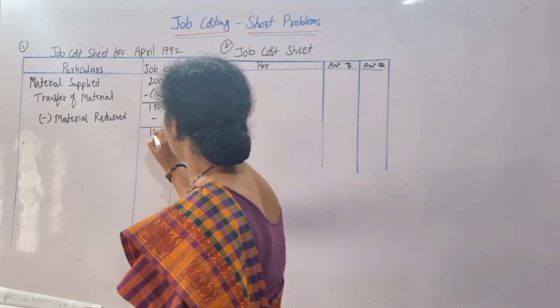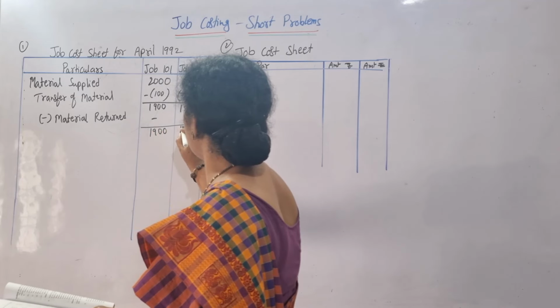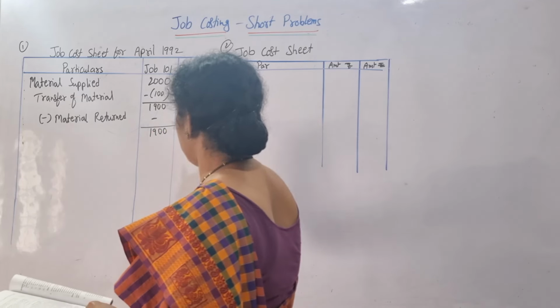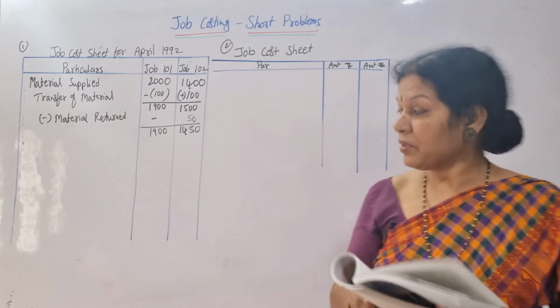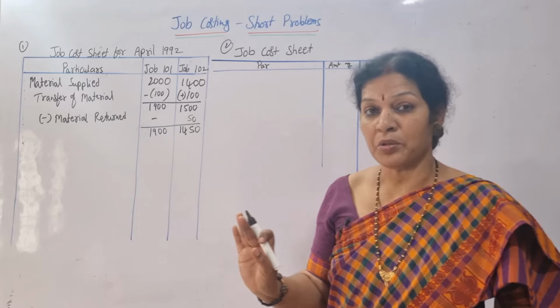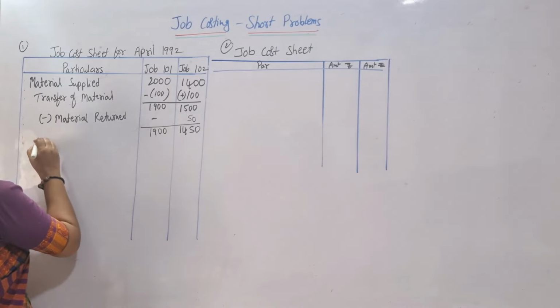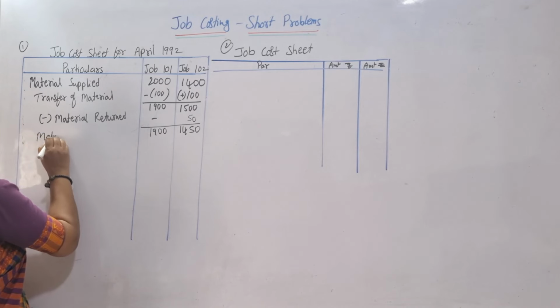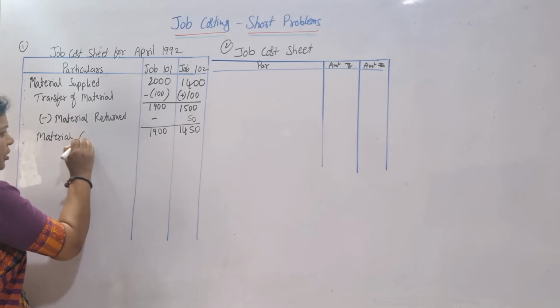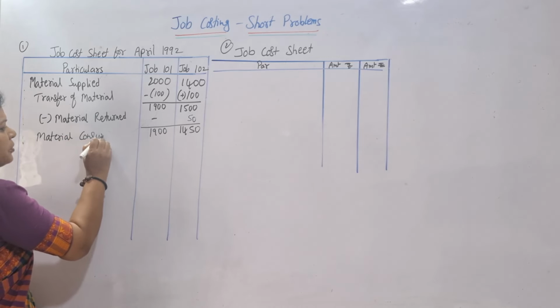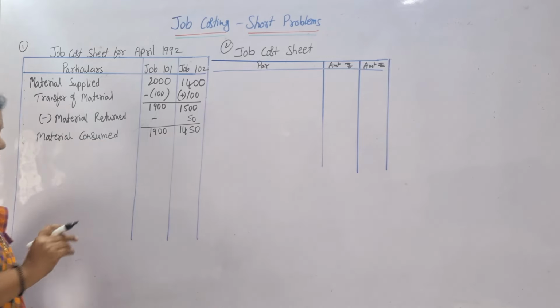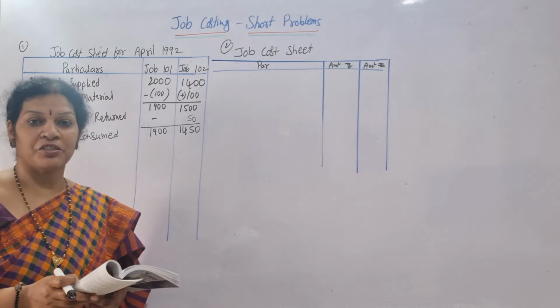Returned means this is 1900, same as it is. This is 1450. This is about the material. Material total consumed is this much. So we can write here material consumed. The cost of the material is this much. Material is okay.